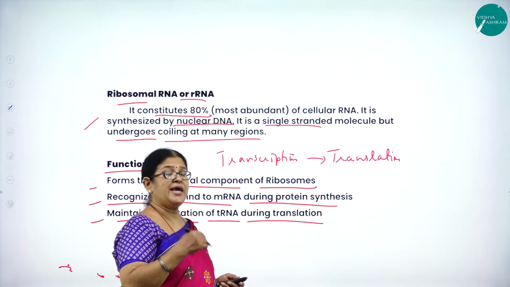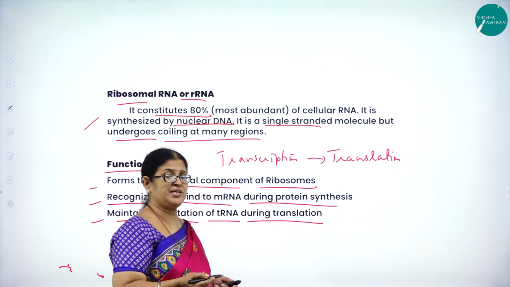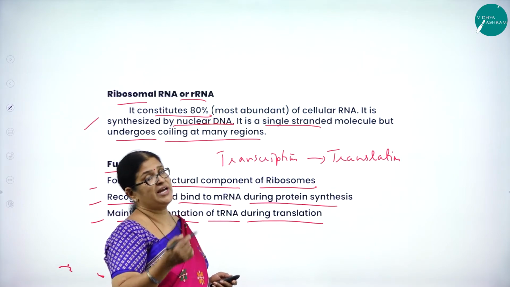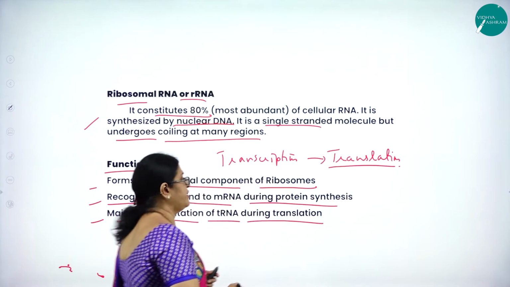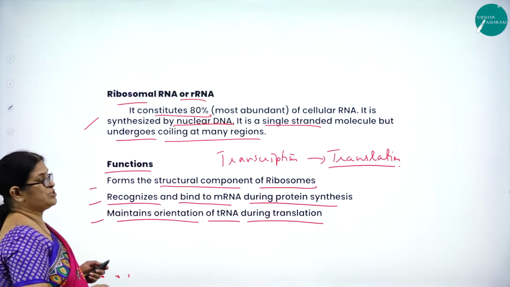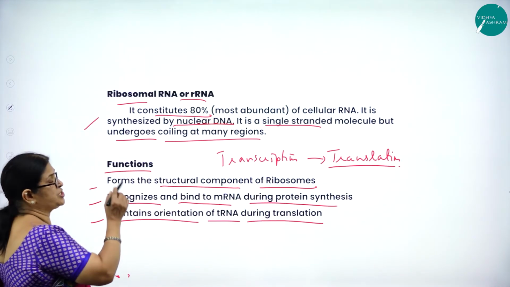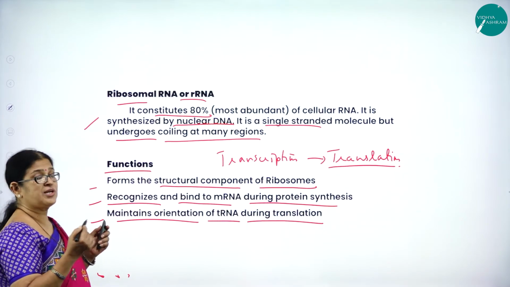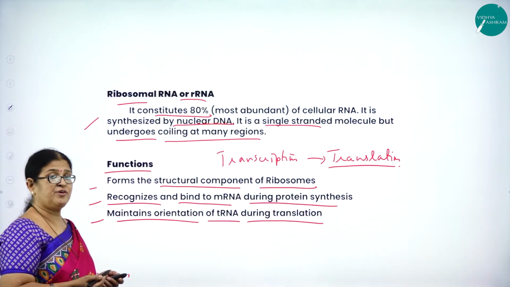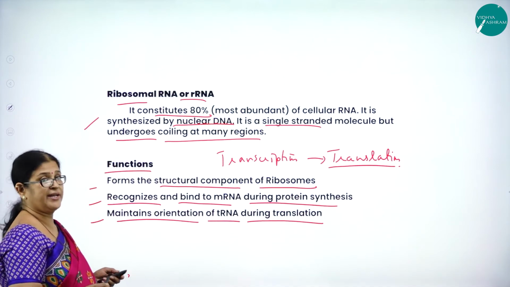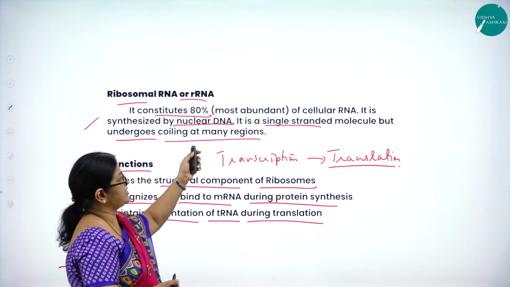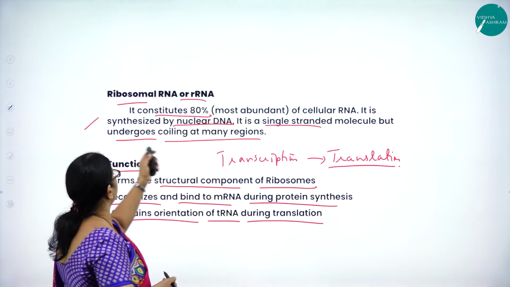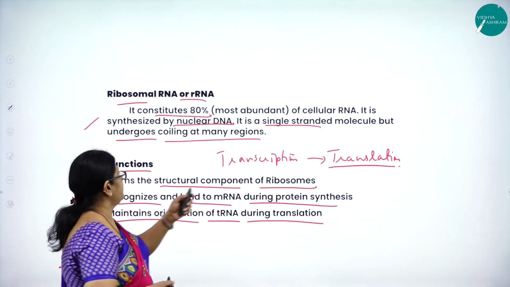From there on, mRNA passes on the genetic message to tRNA, from tRNA to rRNA, and that process is called translation, right? So ribosomal RNA, or rRNA, constitutes 80%. The most abundant RNA found in cellular RNA is rRNA, that is ribosomal RNA. It is synthesized by nuclear DNA. As I said, it is a single-stranded molecule but undergoes coiling at many regions.